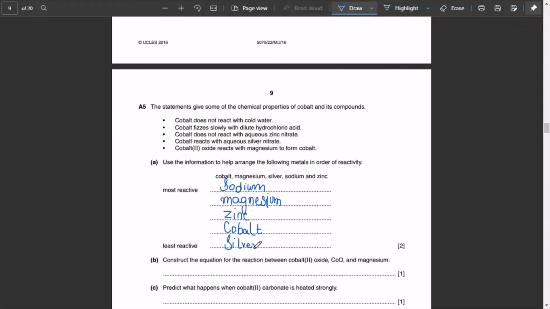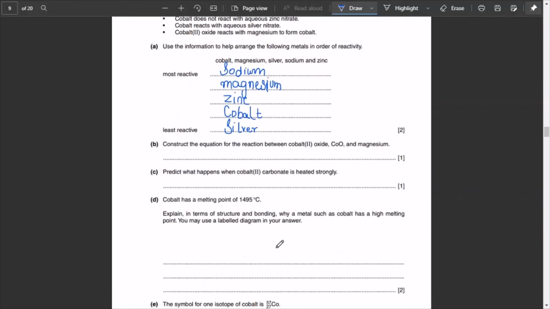Moving on to part B. Construct the equation for the reaction between cobalt 2 oxide, CoO, and magnesium. Okay, so for this it's going to be CoO plus Mg, because it's reacting with magnesium, and as said over here, cobalt 2 oxide reacts with magnesium to give cobalt.